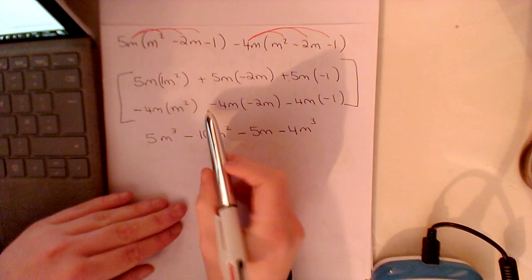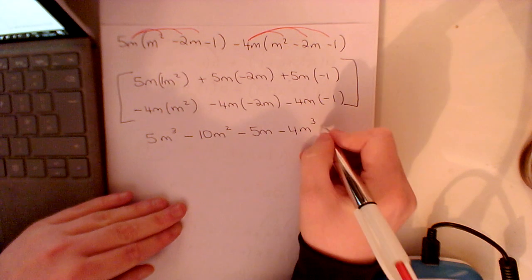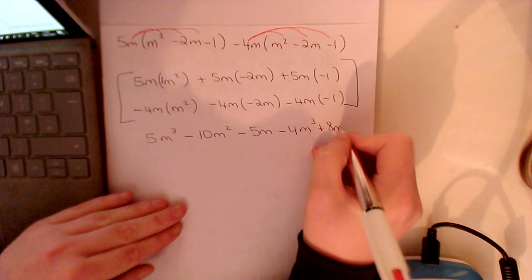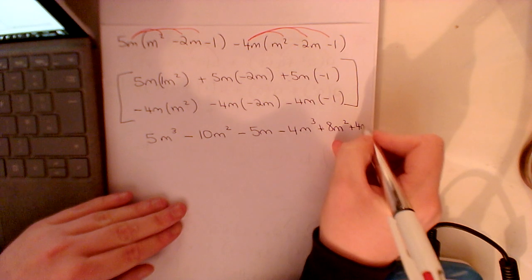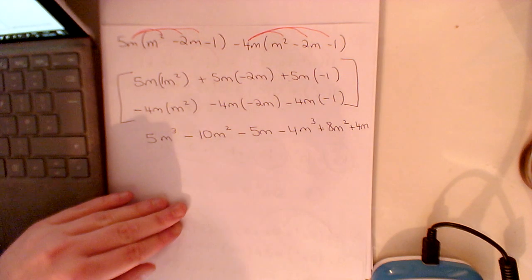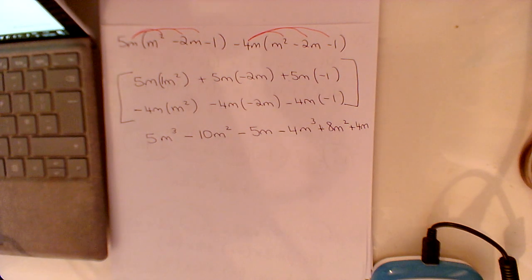Minus by minus gives me plus 8m squared. Minus by minus gives me plus 4m. Okay, so I'd hope now at this stage everyone is aware that when I multiply an m squared by an m, it's going to be cubed, and if I multiply an m by an m, it's going to be squared. Okay, so I hope you know that rule at this stage.